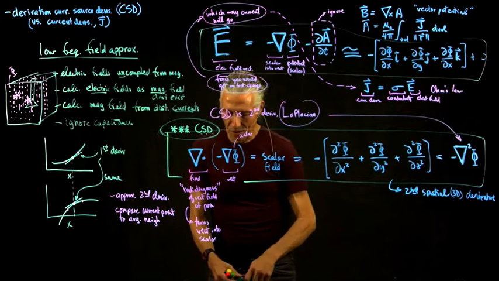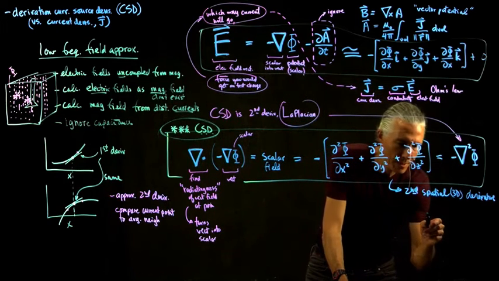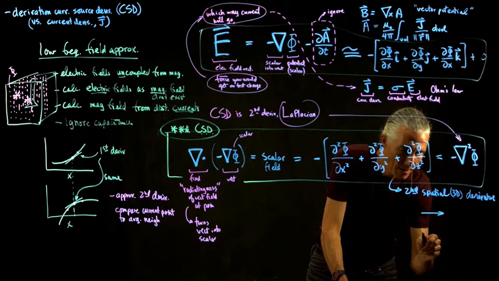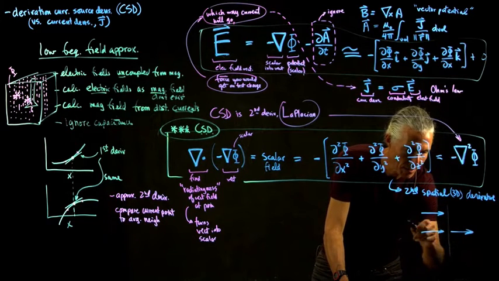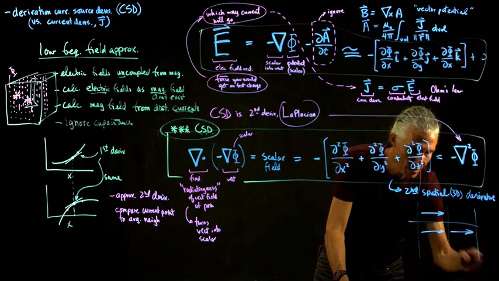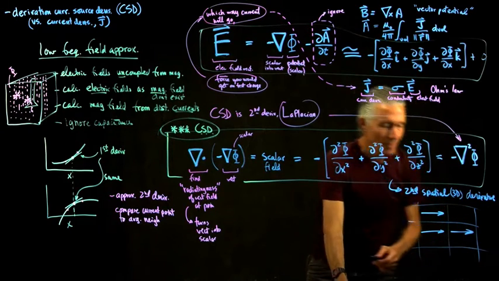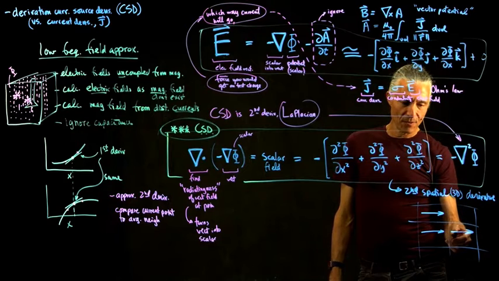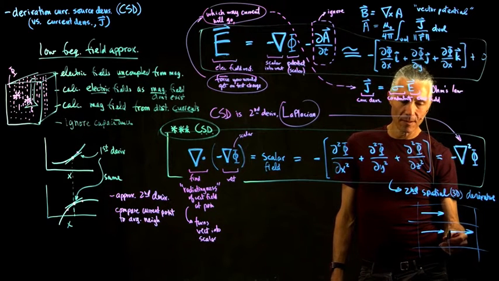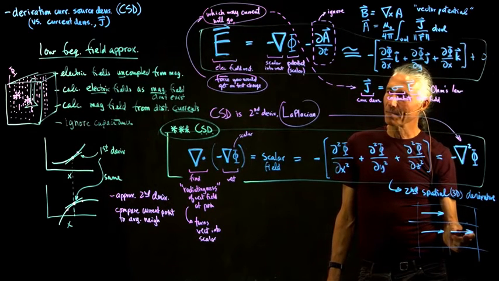But if you just do it in 2D, say you've got a situation like that, here's our little set of cells where we're doing the calculation. If you look at how the x component of this vector is changing in the x direction, well, it's not changing.